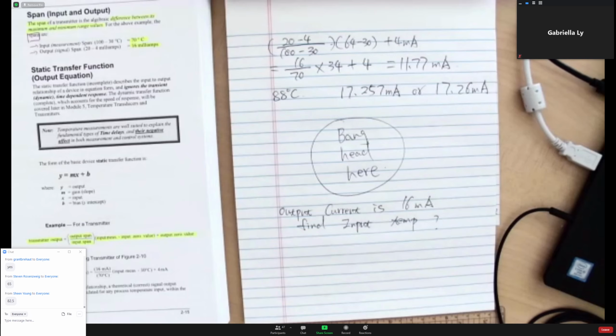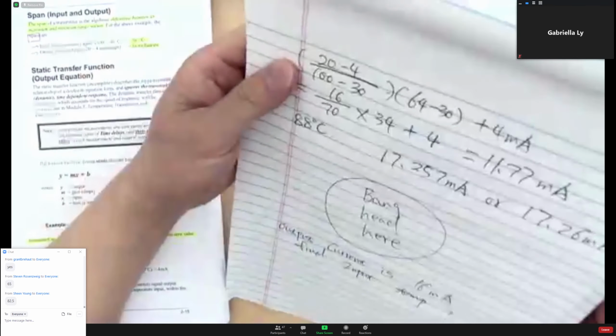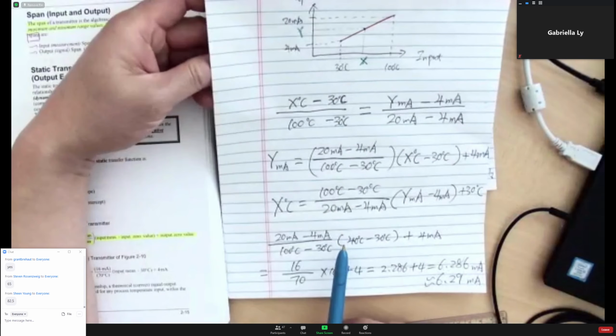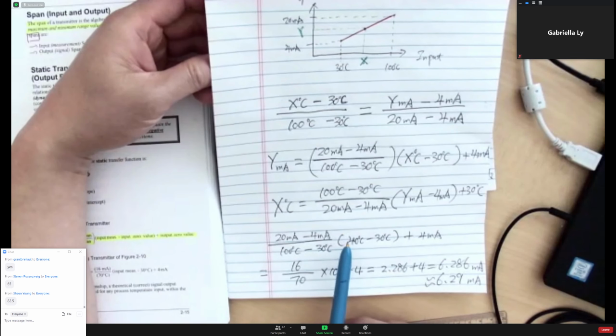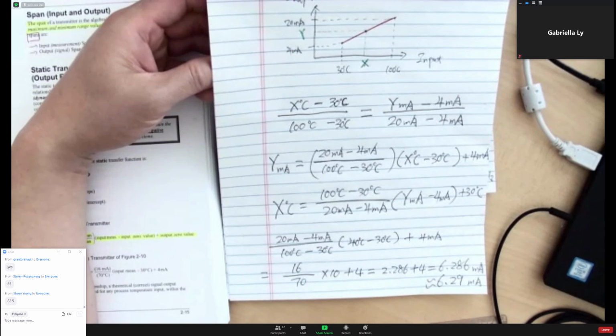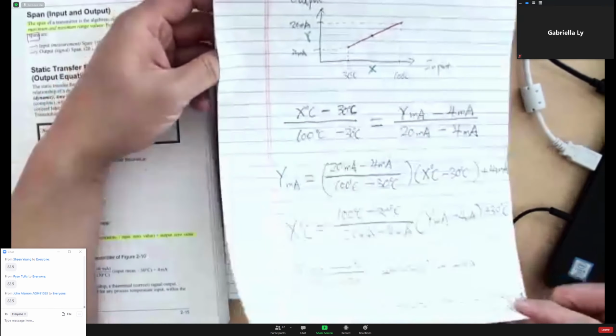Now we have different answers. We gotta be careful for the formula we're using down there, right? Yeah, 82.5 will be the right answer.